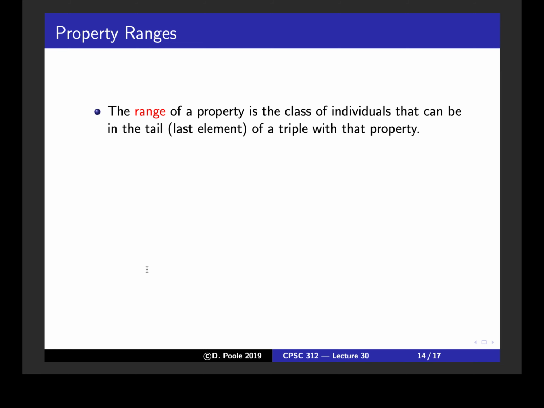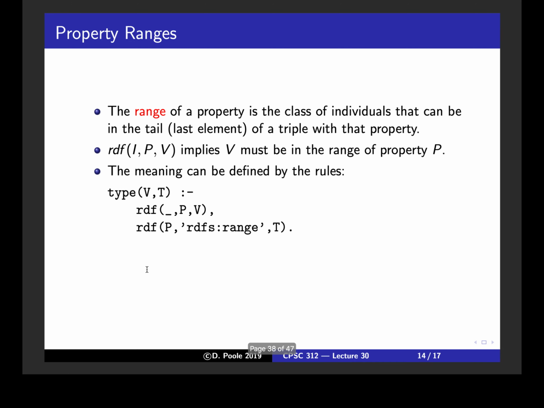Similar to domains, we have ranges. The range of a property is a class of individuals that can be in the tail of a triple with that property. So in other words, RDF I P V implies V is in the range of property P. Again, we can write this in terms of triples.